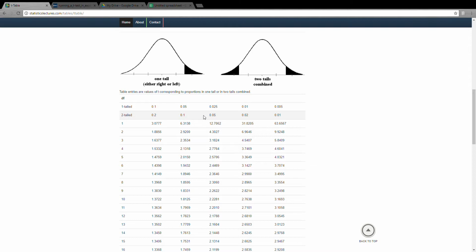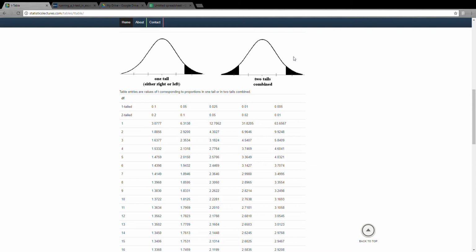On this particular table, it's combined between a one-tailed set of data and a two-tailed. And what that means is on a one-tailed data table up here, there's these two pictures. One-tailed says we only care about if there is a difference on one side.